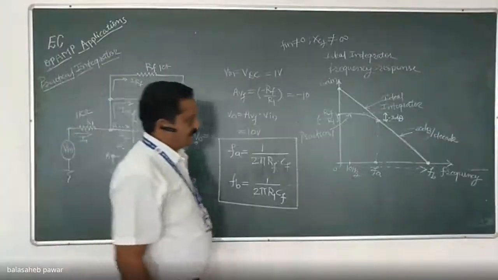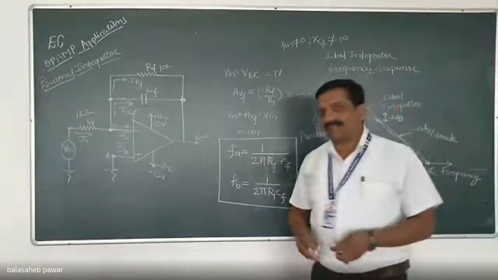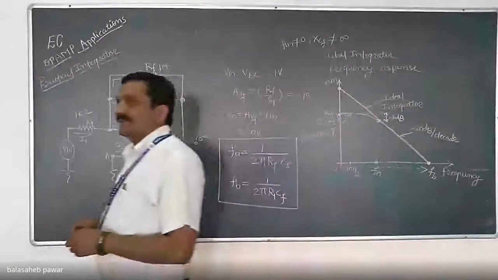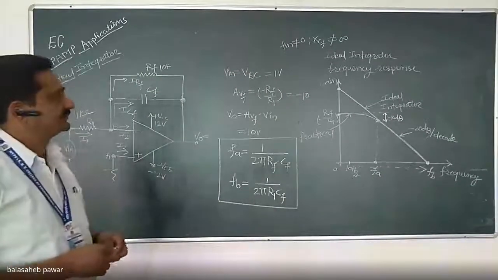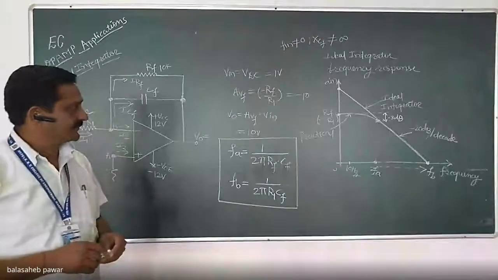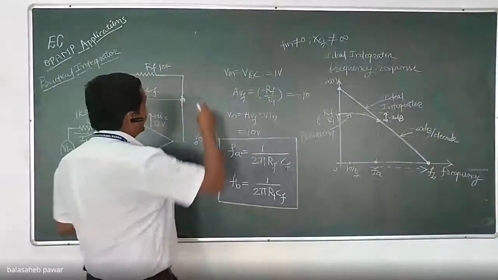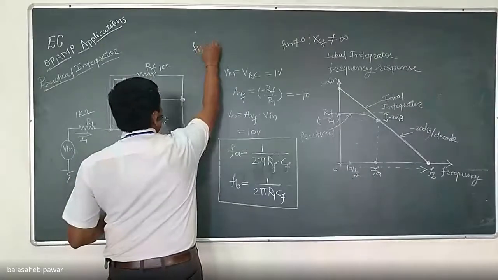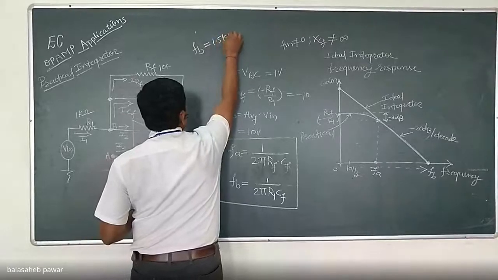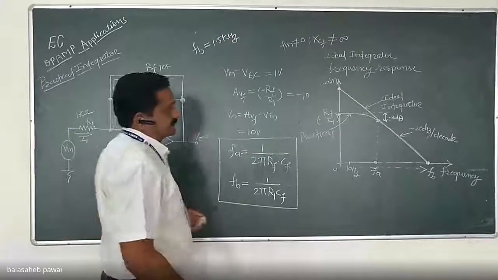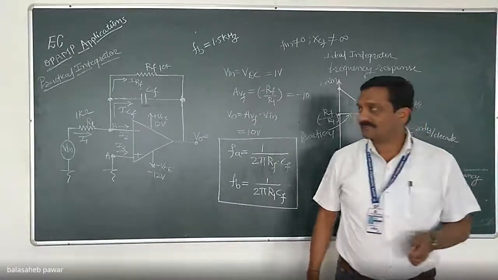So at your end, note down: design an op-amp based integrator for FB equals 1.5 kilohertz.